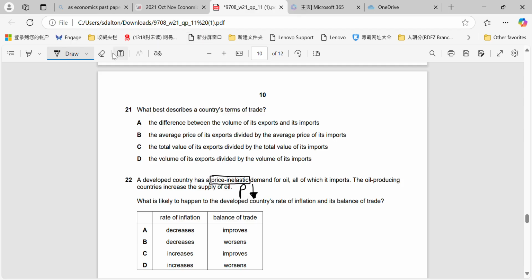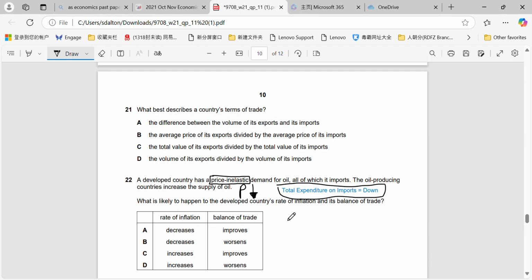So our total expenditure on imports will actually drop, but we will be receiving the imports we bring in cheaper.